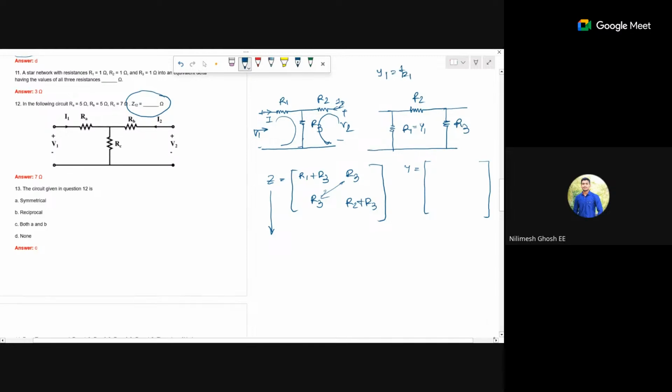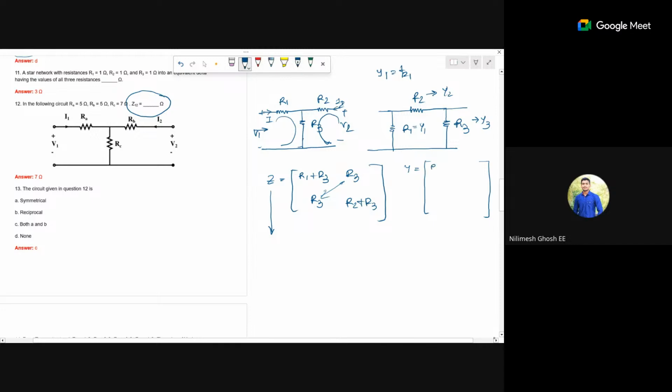This is Y1, not Y11. Y2 will be 1 by R2, and Y3 will be 1 by R3. Simple.